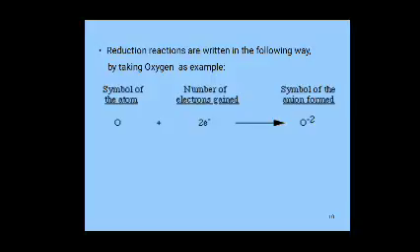It requires 2 more electrons to get the stable electronic configuration of neon. The oxygen atom gains 2 electrons to form O-2, which is called the oxygen anion.